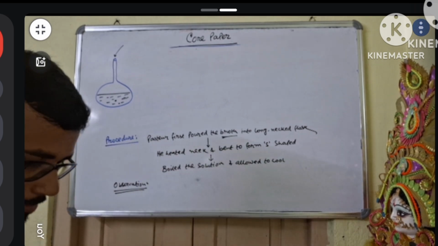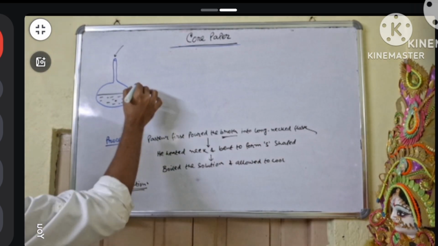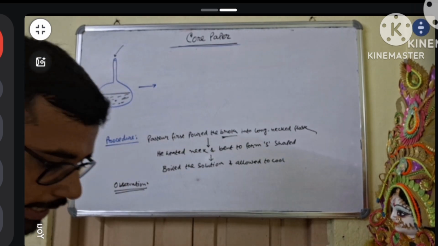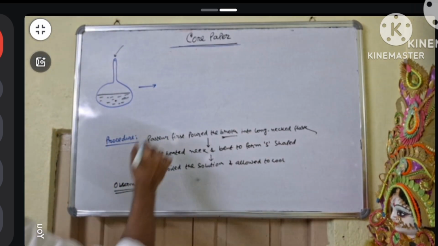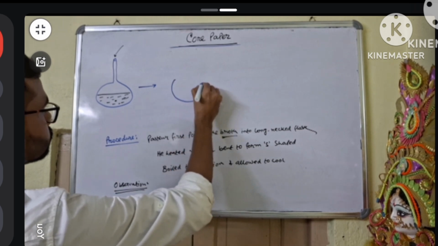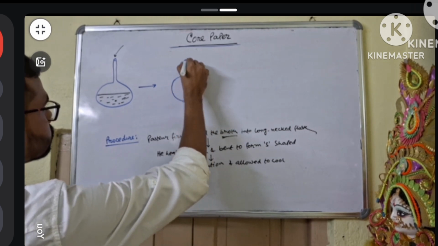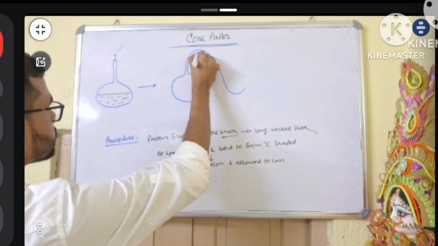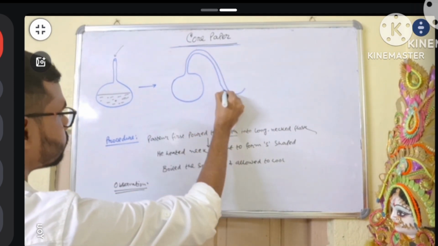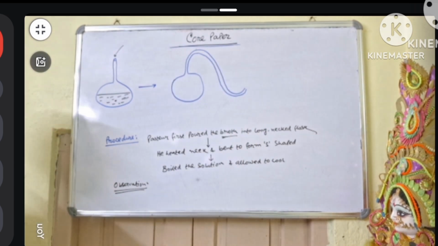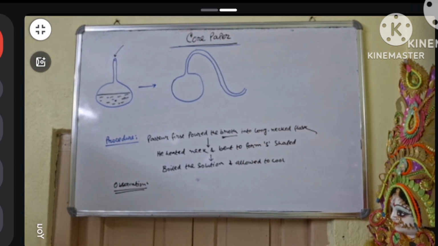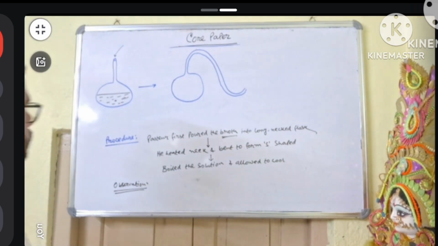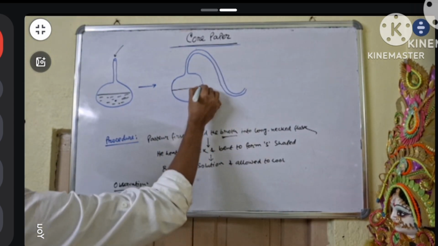After pouring, he bends the mouth of the flask into an S shape. Now the flask looks like that. And this flask is called a swan neck flask because it resembles the neck of a swan.